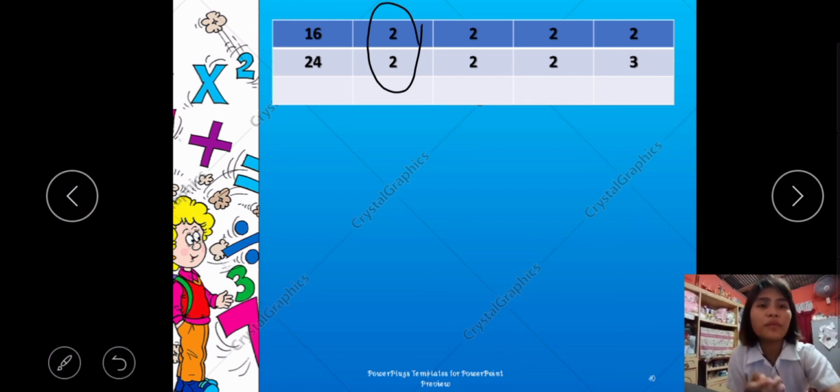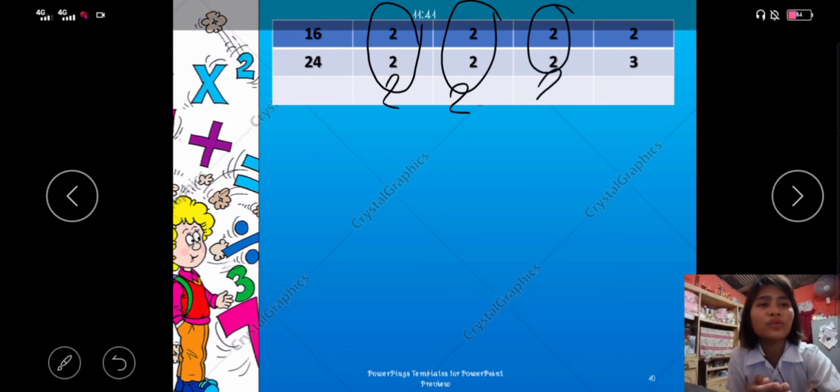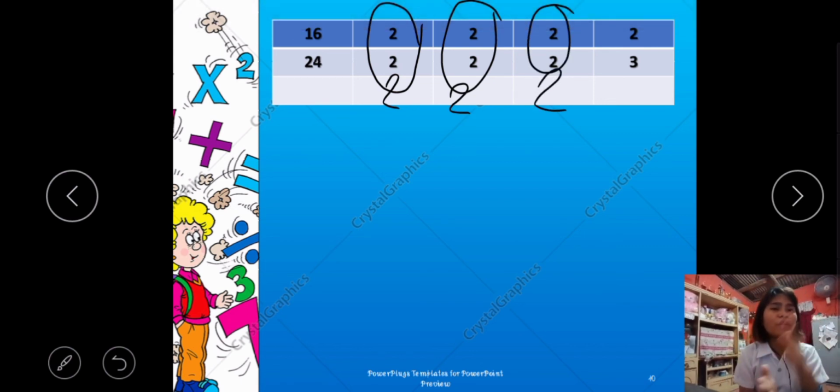So, we will bring down 2 and again, multiply by 2. Again, multiply by 2. So, in our last row, we have here the 2 and 3, which are different.